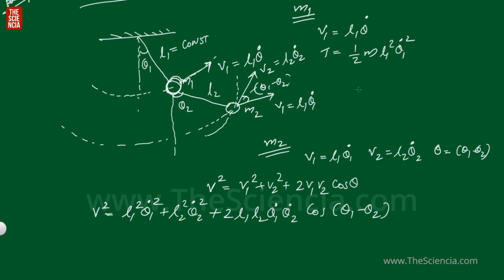And for mass m1, you have to find out the potential V, and for mass m2 also you have to find out the potential V, and you have to write the total Lagrangian. This is the work for you.